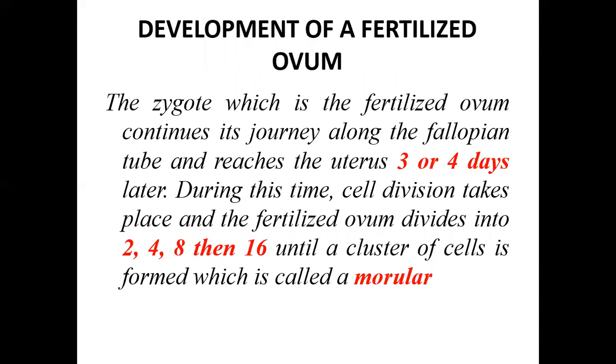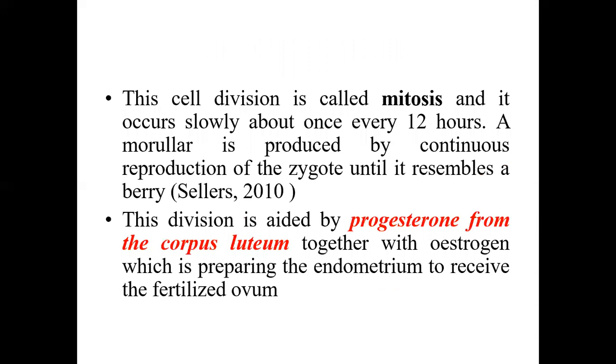Now, during this time, cell division takes place and the fertilized ovum divides into 2 cells, 4 cells, 8 cells, and then 16 until a cluster of cells is formed. What will be formed after the division has reached 16 is what will be known as a morula, just a mass of aggregated cells.